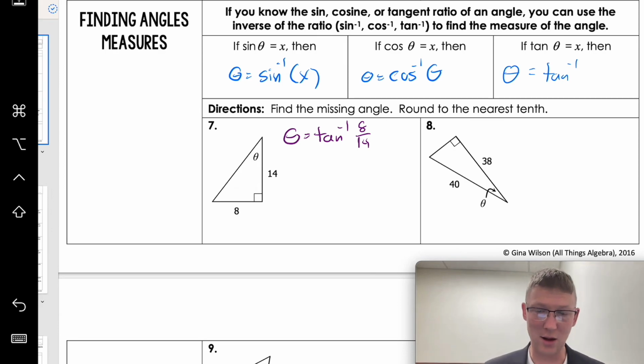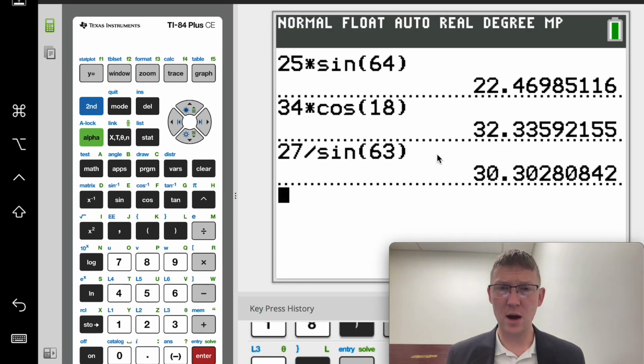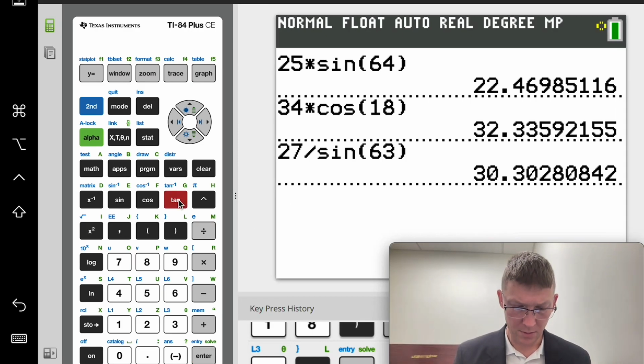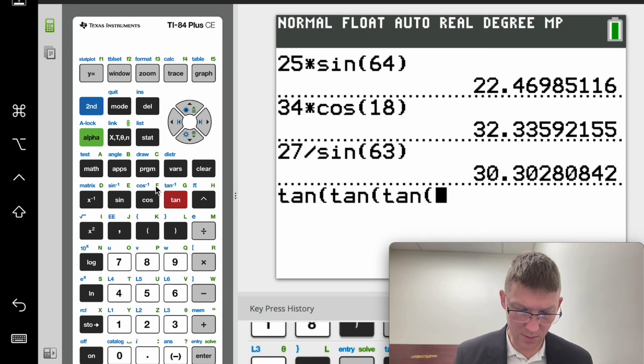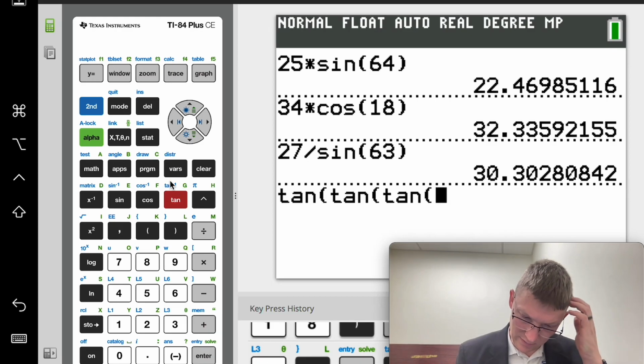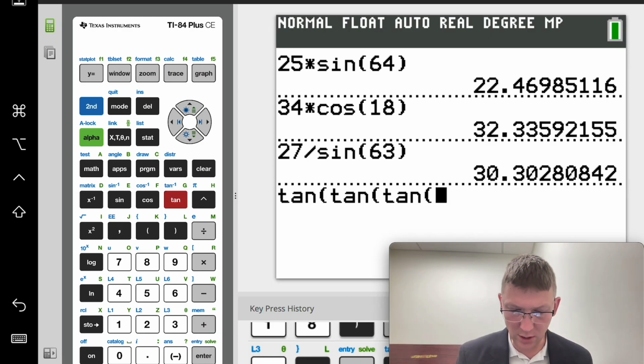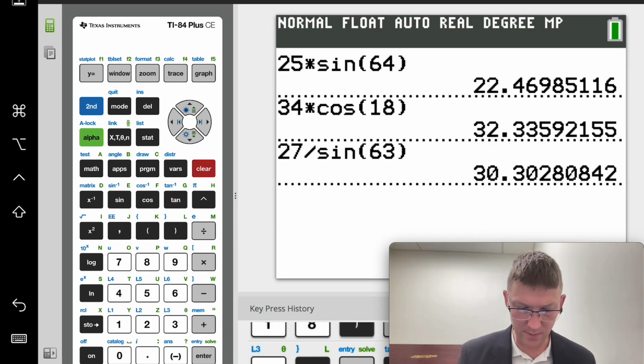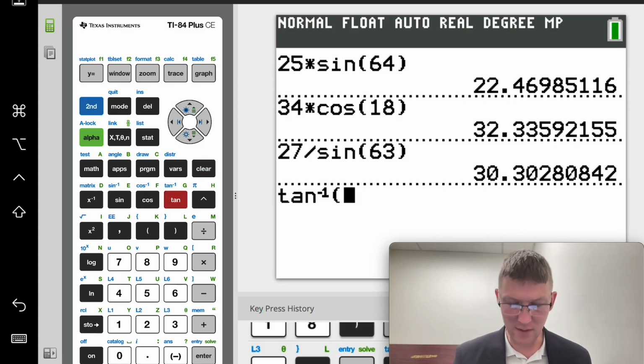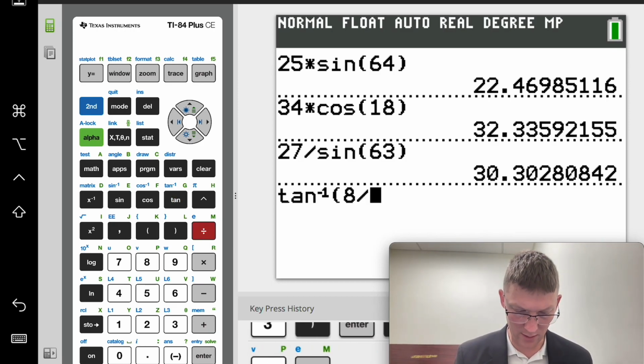So let's check that out. Okay, so we've got our tangent, and we're trying to find our inverse. Normally we would push this button. Instead, notice that right up here, the top of it is tangent inverse in blue, so we're going to use that second function. We push second, tan inverse, and then 8 divided by 14.